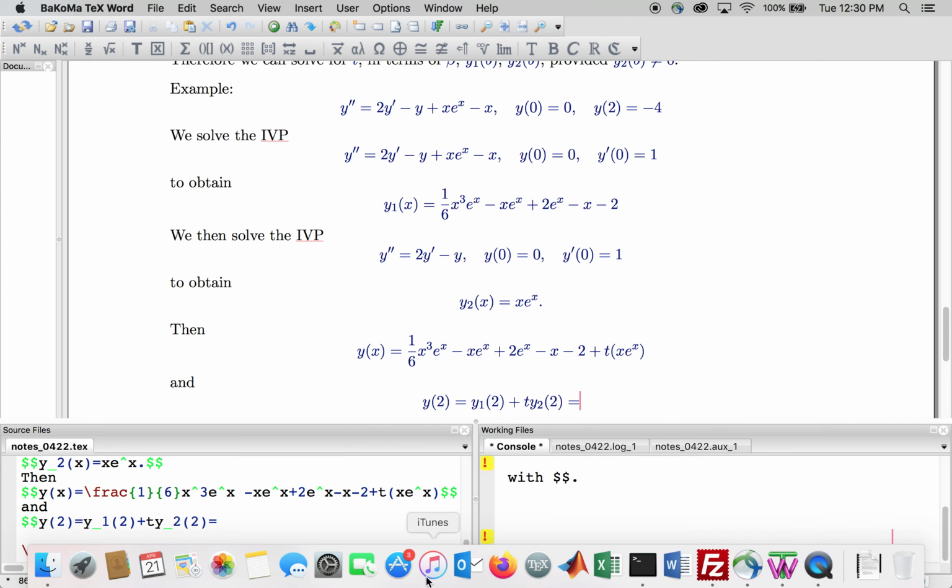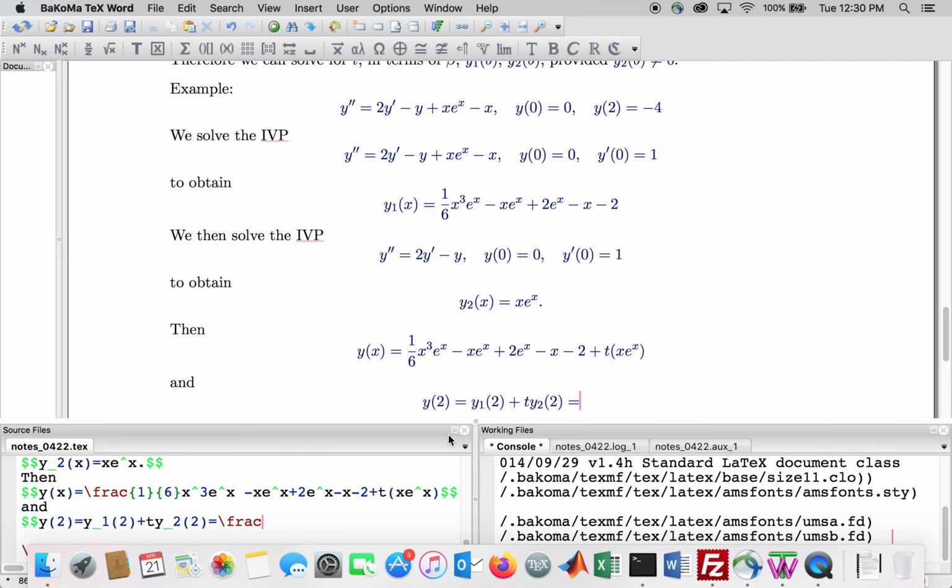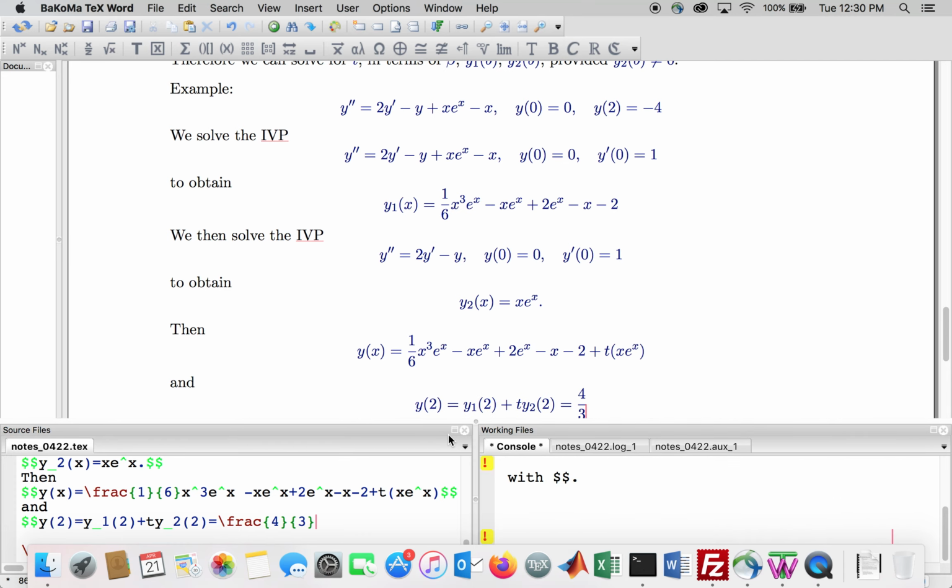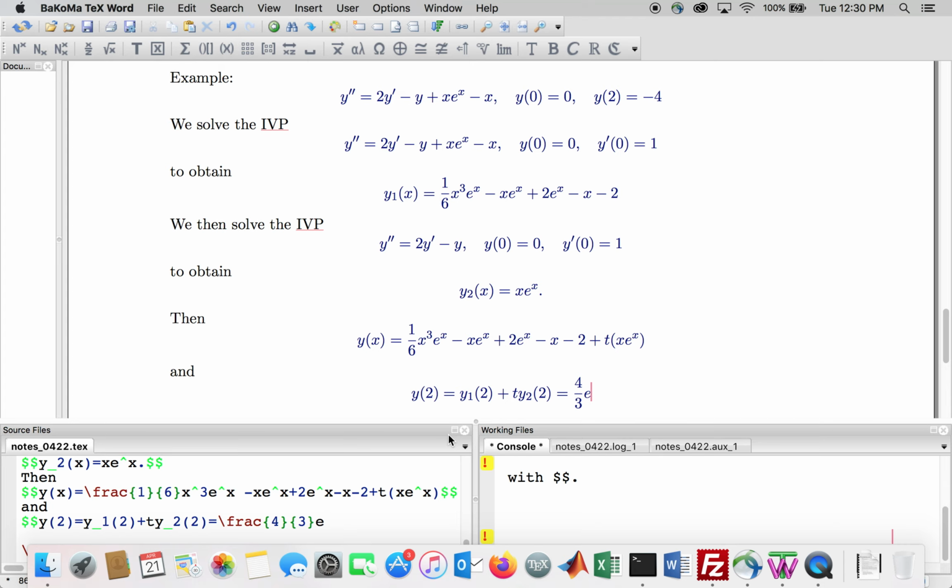If I plug in x equal to 2 in here, then for the y1 part, what I end up getting is 4/3 e to the x, or e squared rather, because x equals 2, minus 4, because I plug in x equal 2.